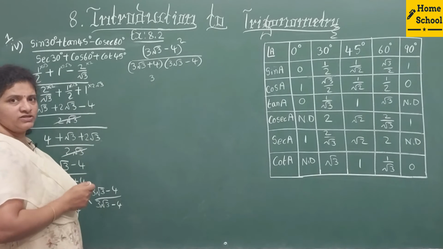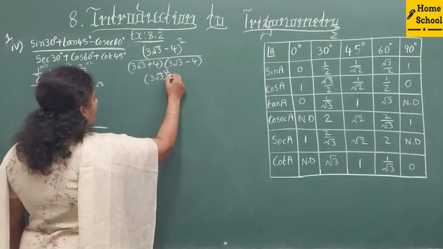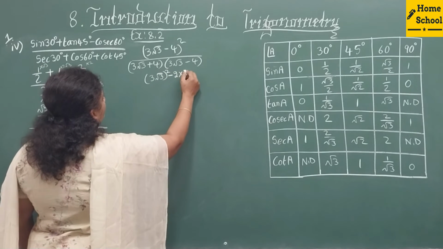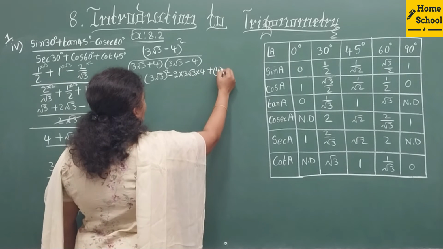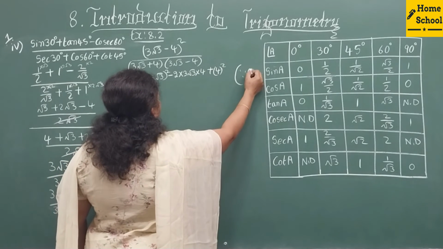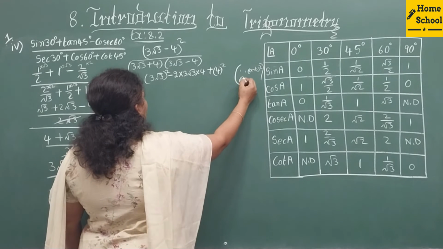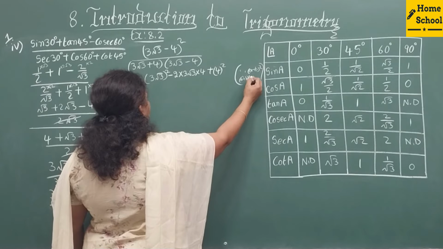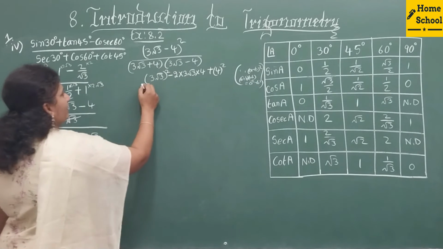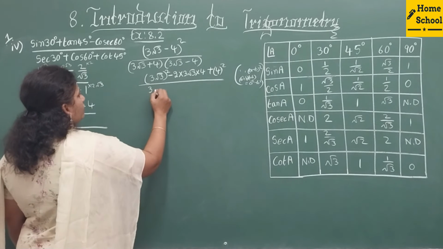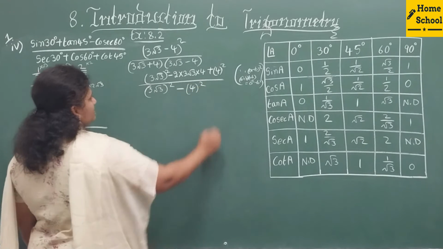A minus B whole square you can split out. That is 3 root 3 whole square minus 2 into 3 root 3 into 4 plus 4 whole square. Since it is A minus B whole square, I have written the statement. And again from A plus B into A minus B, A square minus B square I will write in the denominator, divided by 3 root 3 whole square minus 4 whole square.